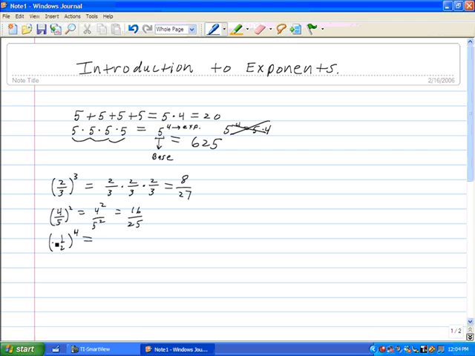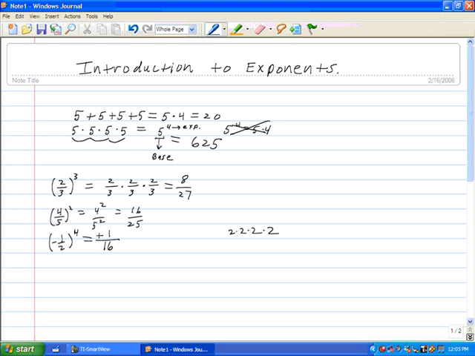I know that a negative multiplied 4 times is going to come out positive, so I already know I'm going to have a positive result. 1 to the fourth power is going to be 1, and 2 to the fourth power, let's see what that's going to be. 2 times 2 is 4, times 2 again is 8, times 2 once more is 16. 1/16 is going to be my result on that particular multiplication.